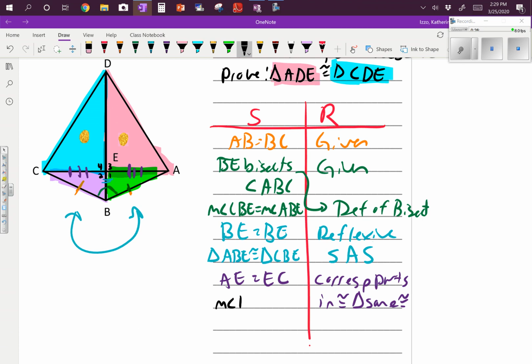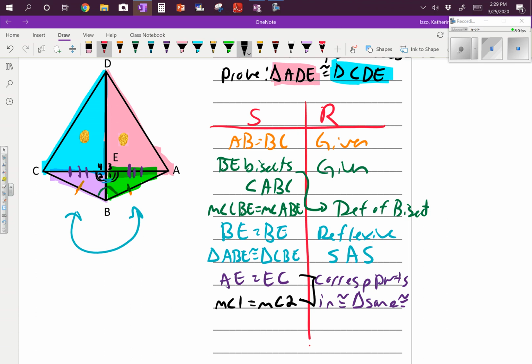Measure angle 1 equals measure angle 2, because that's in the green and the purple triangles. So the corresponding parts in congruent triangles are congruent gave us two different things. It gave us the purple side, and it gave us the black angles inside the purple and the green triangles. Now I need to get them in the pink and the blue triangles.